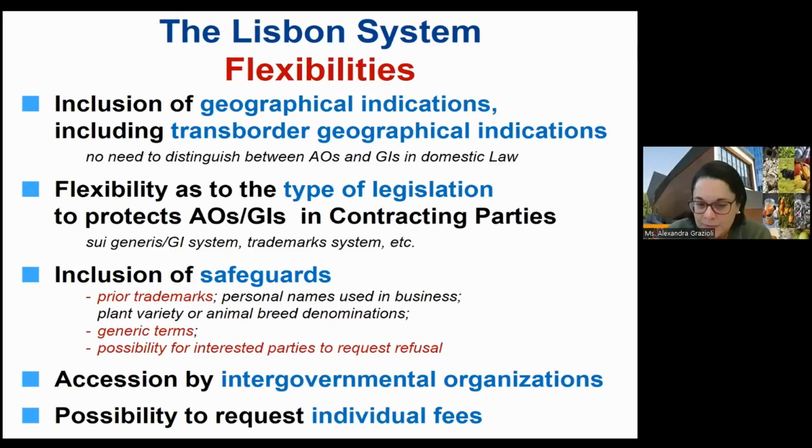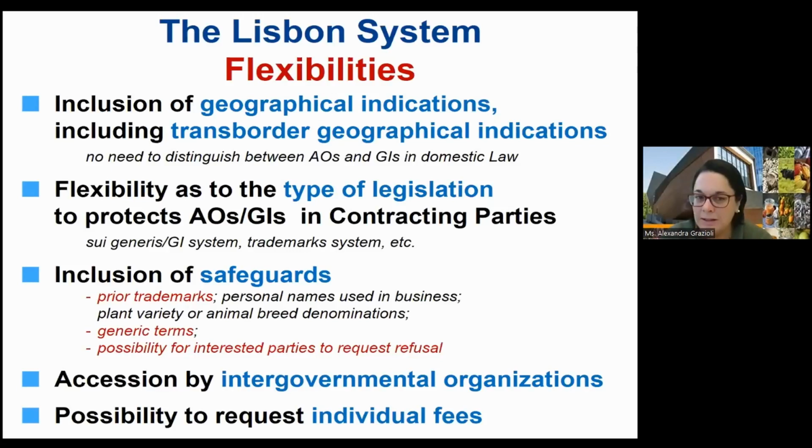There is also the possibility now for intergovernmental organizations to join the system. The European Union did in 2019. So this is why you see that discrepancy between the number of contracting parties and the countries covered. We have the 27 European Union member states covered now by the Geneva Act of the Lisbon Agreement.